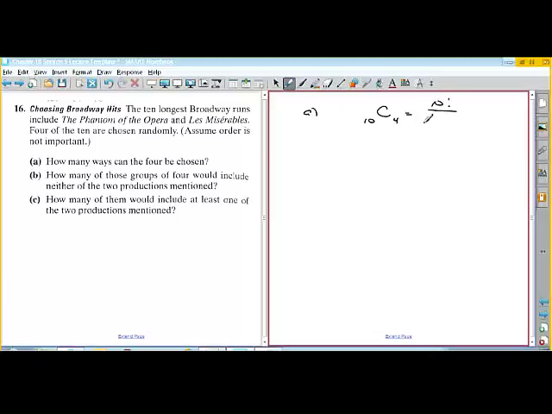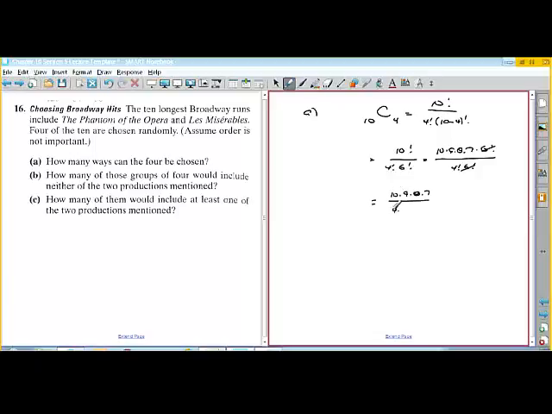Okay, so now we just have to evaluate it. 10 factorial over 4 factorial times 10 minus 4 factorial, which is 10 factorial divided by 4 factorial times 6 factorial. And I rewrite 10 factorial as 10 times 9 times 8 times 7 times 6 factorial. I choose the bigger of the 2 so I can get the most bang for my buck here.